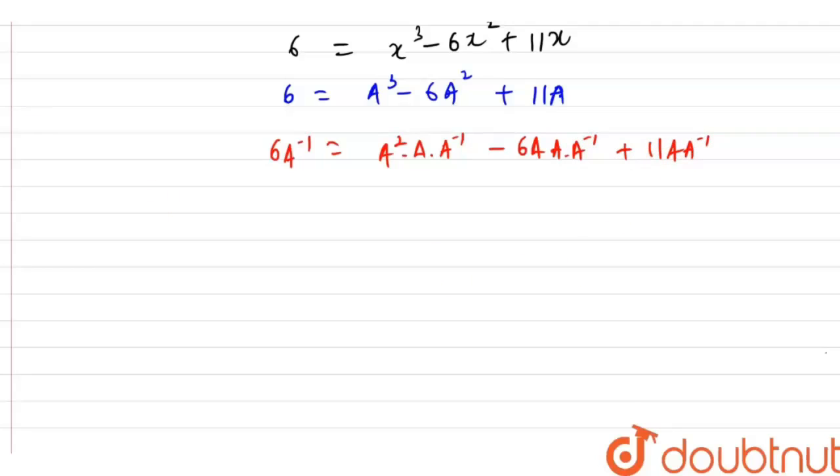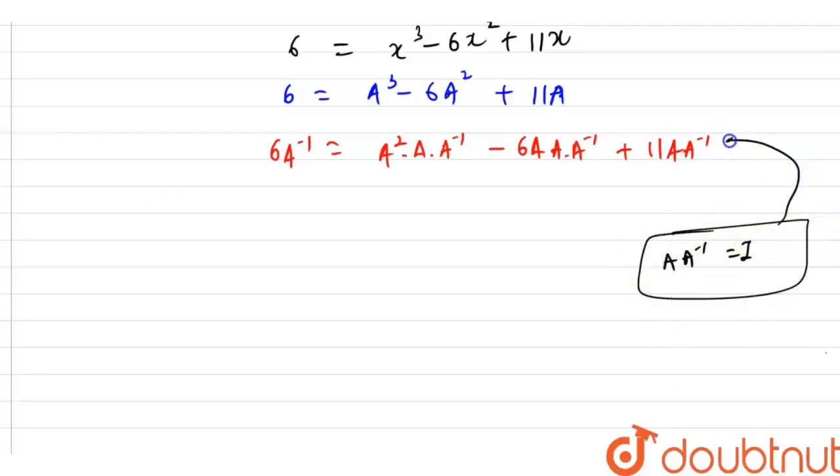Okay, now we already know that if we have A into A inverse, it will give me the identity matrix. I'm going to use this thing over here. So it will be clearly 6A inverse equals A square I minus 6AI plus 11I.